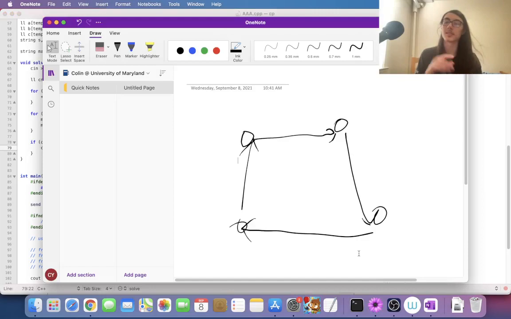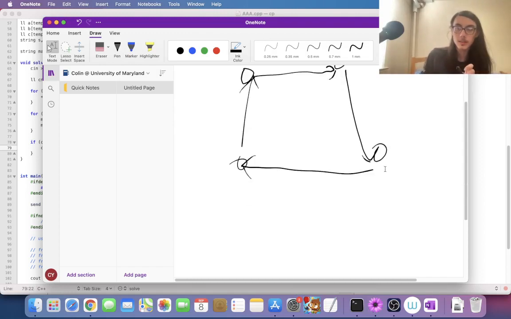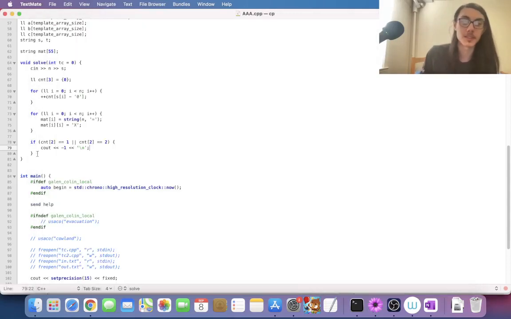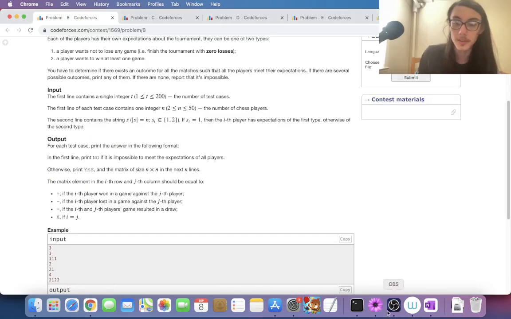With one person, there's nobody they can win against at all, because everyone else doesn't want to lose, so they can't be beaten. And if there are 2 of them, it's the same situation. One can beat the other, but who does this guy beat then? They can't beat anyone, because nobody else wants to lose. So it's impossible for 1 and 2.